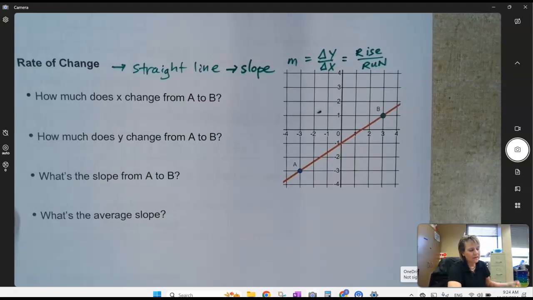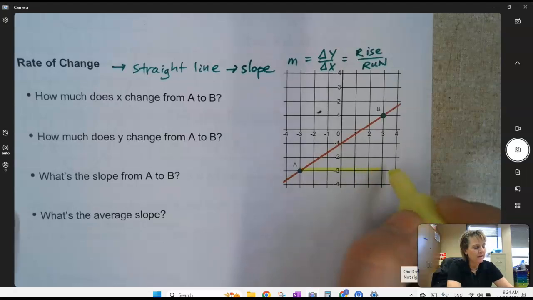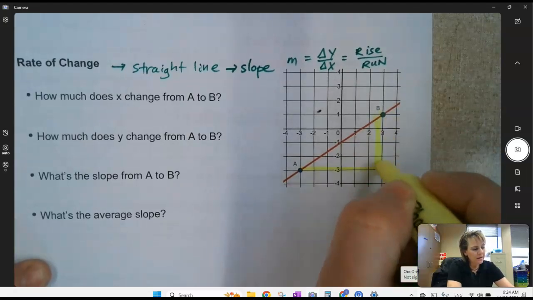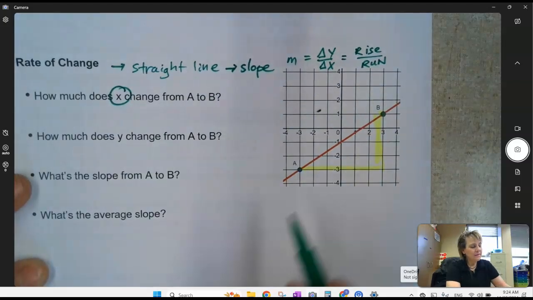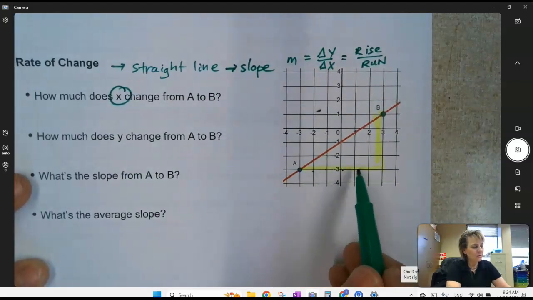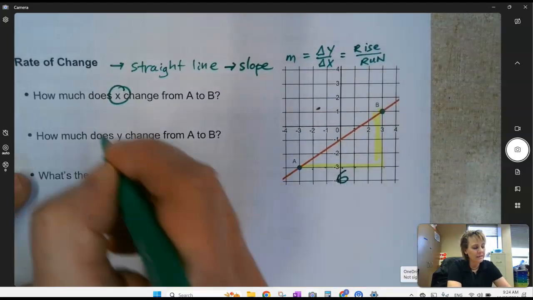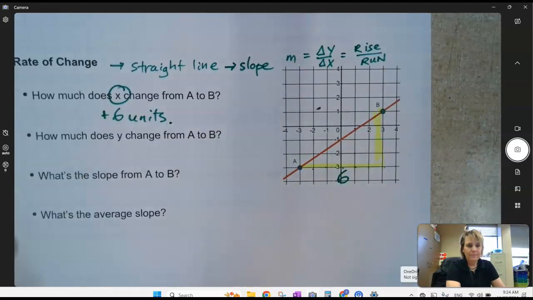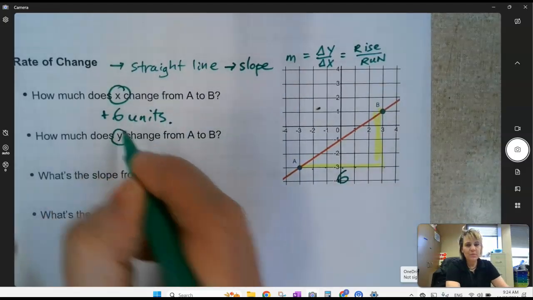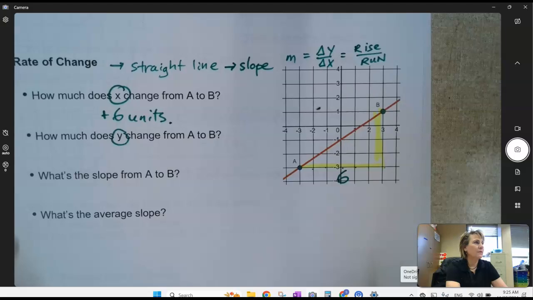So you have, how much does x change from A to B? We're going from A to B. We're looking at the x change only. The x changes 1, 2, 3, 4, 5, 6 units, positive 6 units. How much does y change from A to B?